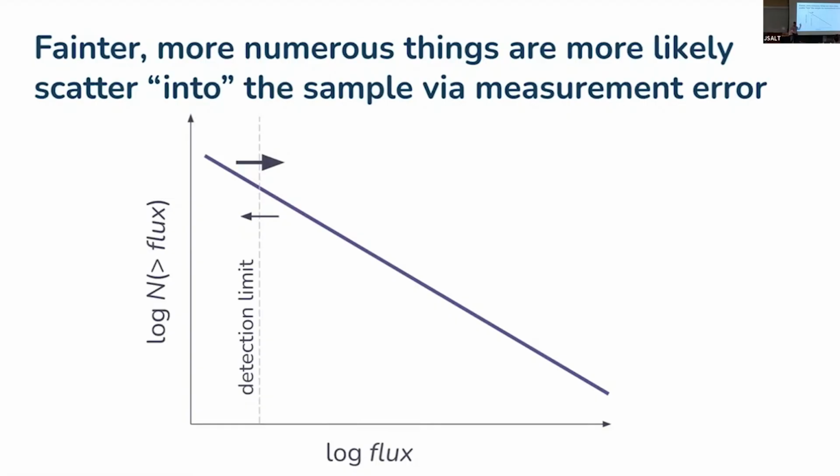So with a little bit of measurement uncertainty, many more things are likely to scatter into your sample at a constant detection limit than brighter things will scatter out. This seems like a really subtle bias, but it can cause all sorts of problems in biasing your understanding of populations of things. This keeps a lot of astronomers up at night, wondering whether we actually accounted for all these different uncertainties and biases.